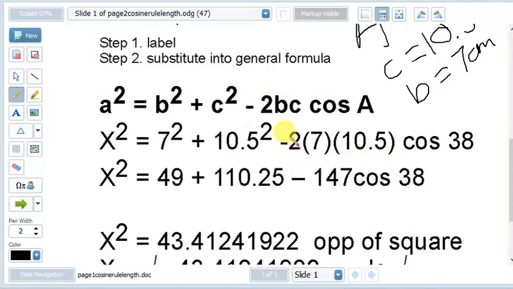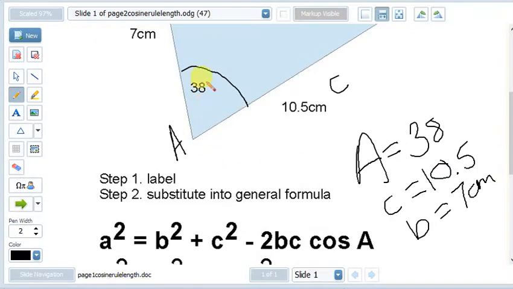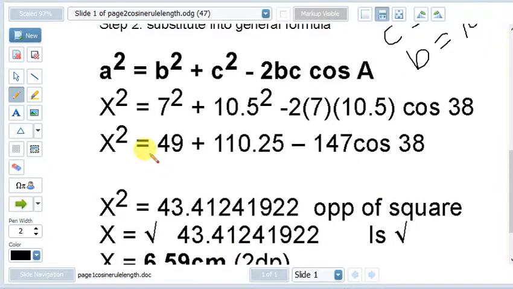Okay, so that means basically 2 times 7 times 10.5 times cosine of 38. And the capital A is the angle A, which as we can see up here is 38.